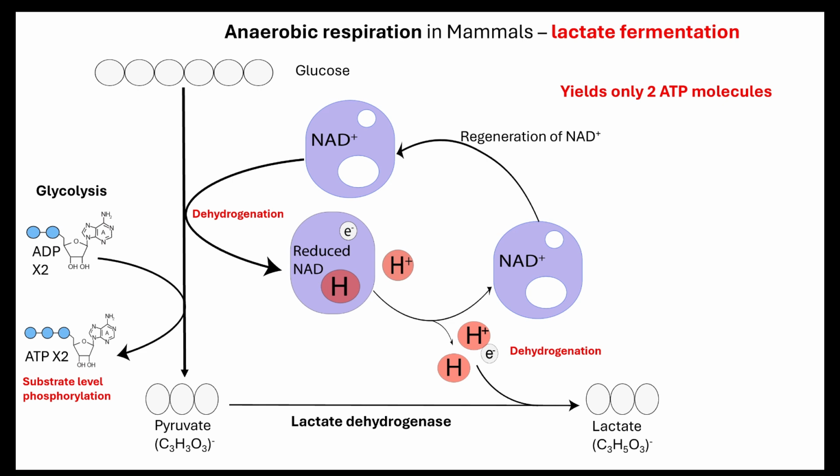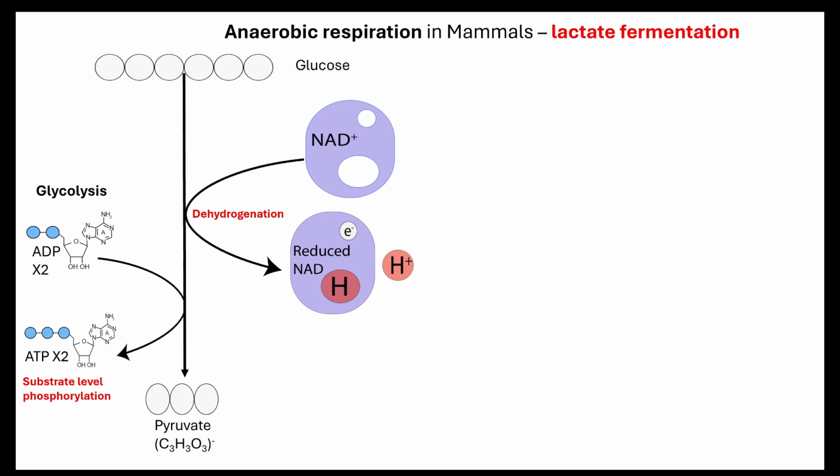We're yielding 2 ATP molecules with every glycolysis reaction occurring. So it's important that we remember that anaerobic respiration, this lactate fermentation, only produces 2 ATP molecules, and that can only happen with this regeneration of NAD.